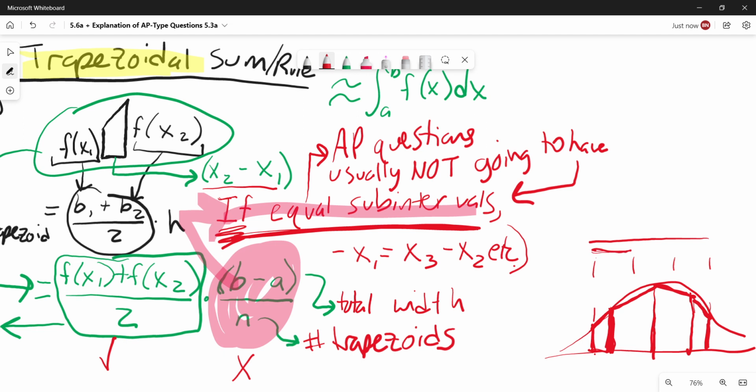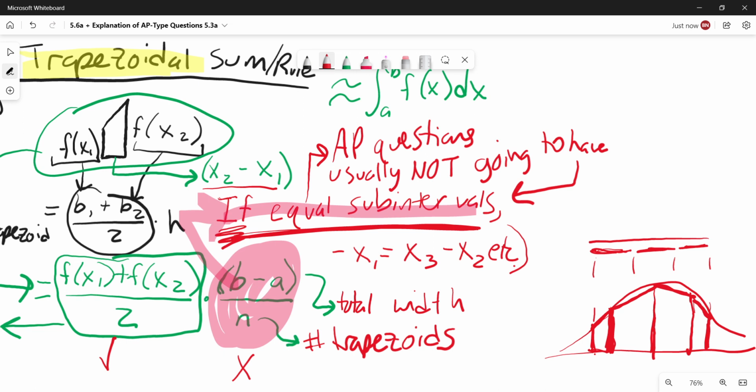If they're equal, great, you can multiply it by that because this width is the same as this width is the same as this width. Oh, just kidding. I did 3 versus 4 here, so that's also different. Obviously, that would change the n value, but hopefully you get the idea. That's really important. That's why I don't really love the book in this section, or at least don't love the AP. There's not perfect overlap here.